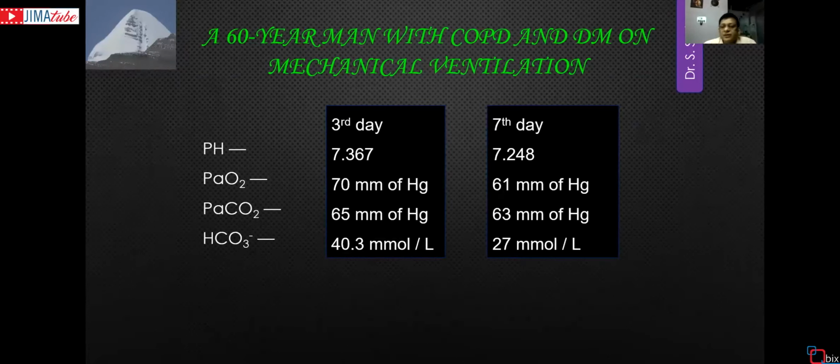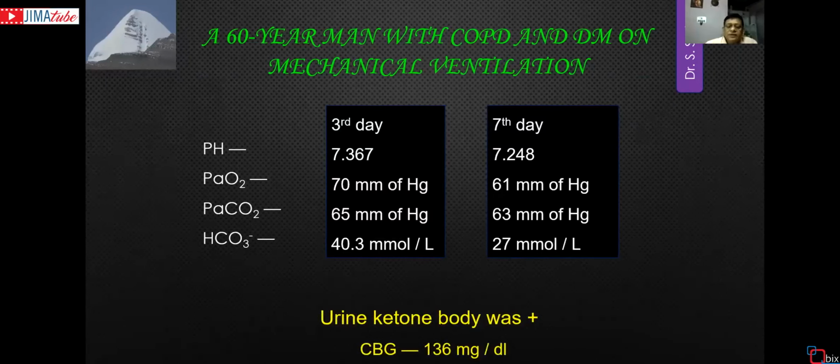As the patient was diabetic, we were thinking of diabetic ketoacidosis. His urine shows ketone bodies 1+, but CBG was 136 milligram per dl. So it may not be diabetic ketoacidosis, but it is dietary ketoacidosis.